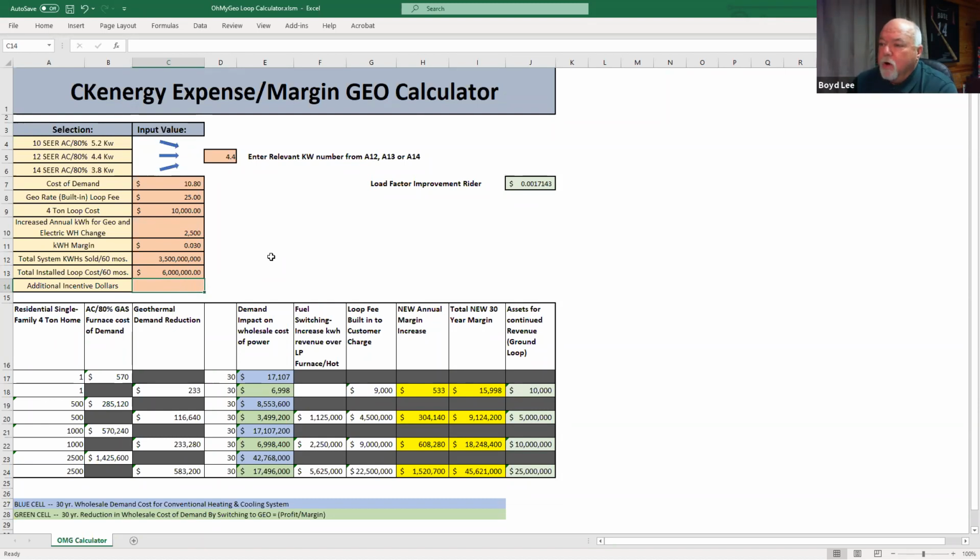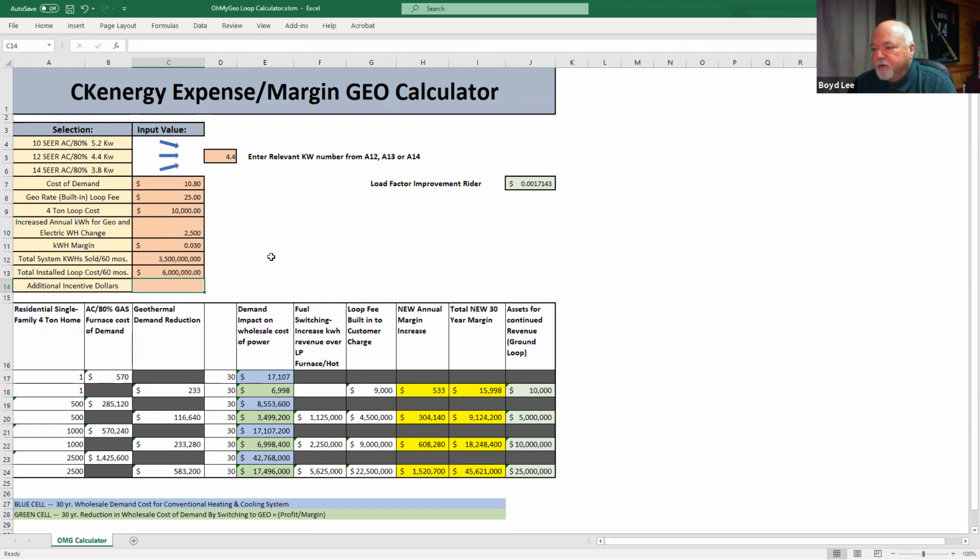Now, what we decided, we needed a way, rather than having the invested dollar of the co-op hanging out there for 30 years before it fully returns from that loop fee.